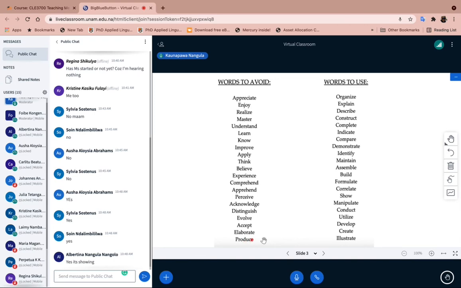Produce can also be vague. The ones that we can use are of this type, but we'll look at them as we look at the different levels in more detail. For example, understand, you have to say demonstrate understanding, not just understand. All right, and that's what we have.